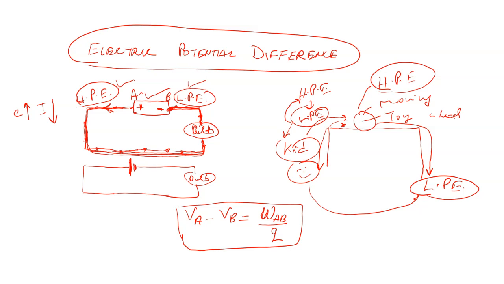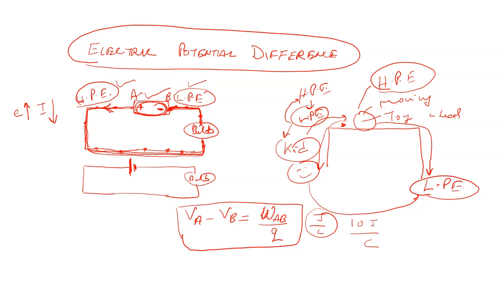Again, within this there will be a chemical reaction. The unit will be joule per coulomb. Suppose the work done is 10 joule per coulomb.